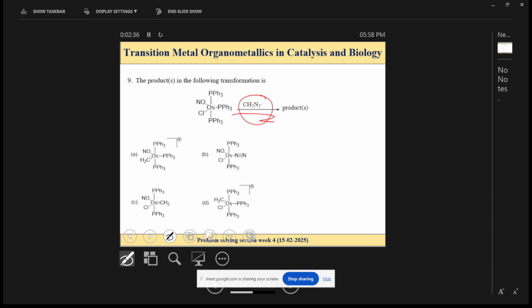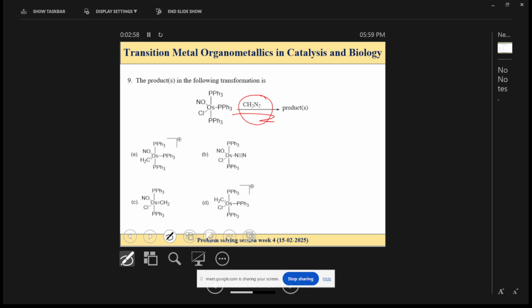We have diazomethane, which we already discussed in our previous class.